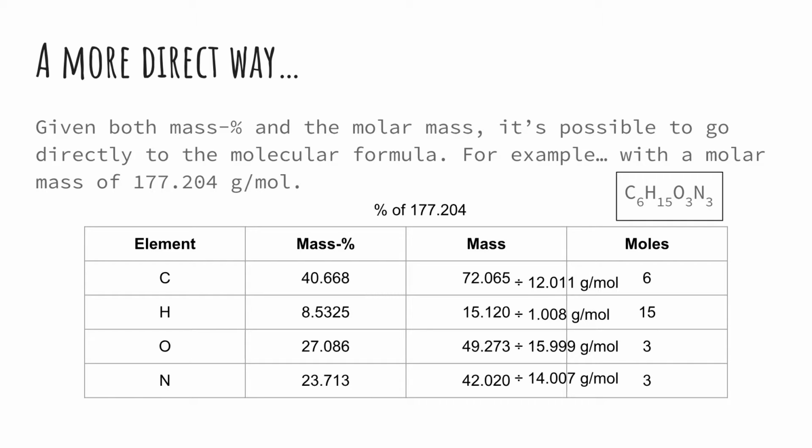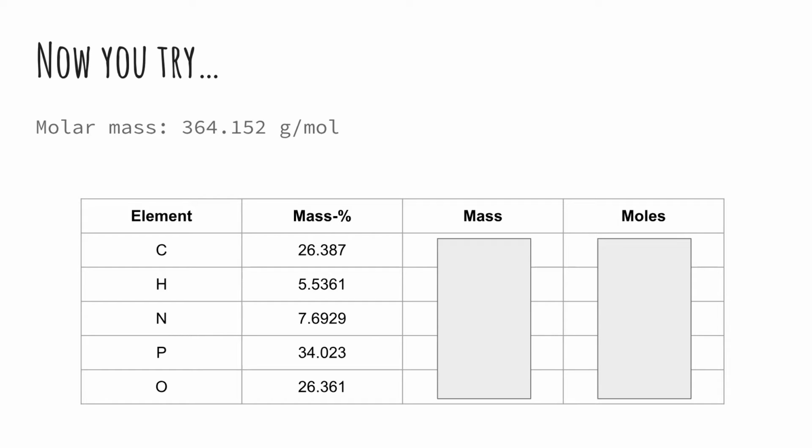But, it works every single time for any kind of compound, so long as you have the mass percentages of each element and the molar mass of the compound in question. So why don't you go ahead and give it a shot. Here's the mass percentages of some random thing I made up, and the molar mass. Okay.